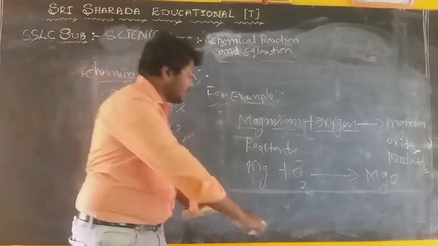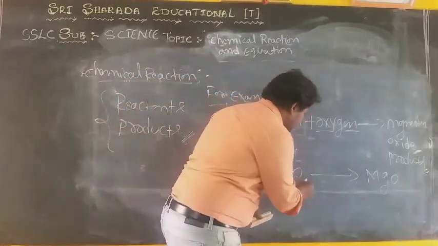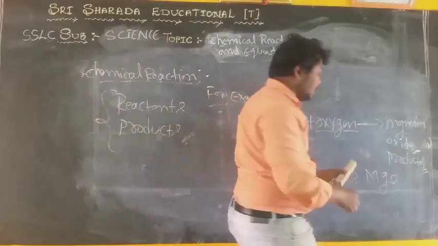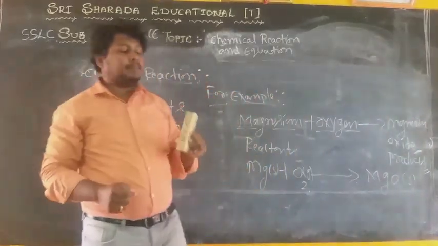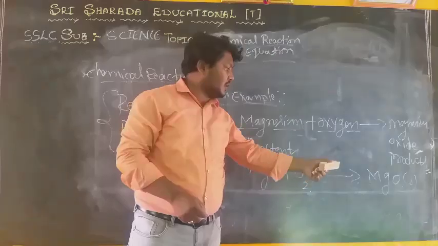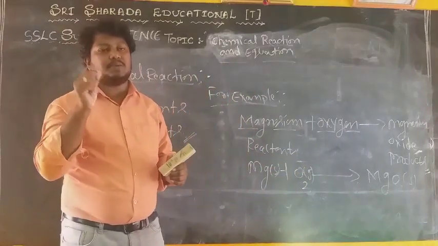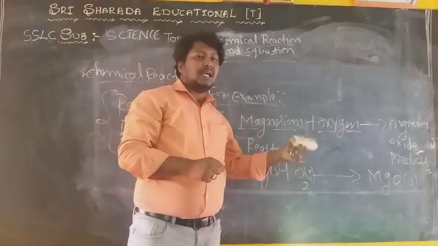Magnesium is solid, oxygen is gaseous, and the product is also solid but in powder form. When we burn magnesium in the presence of oxygen, it forms magnesium oxide, a white powder. So this is the chemical equation.